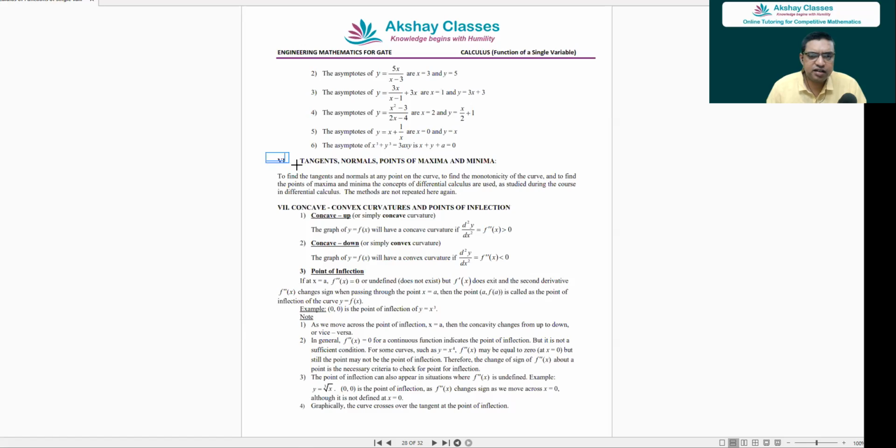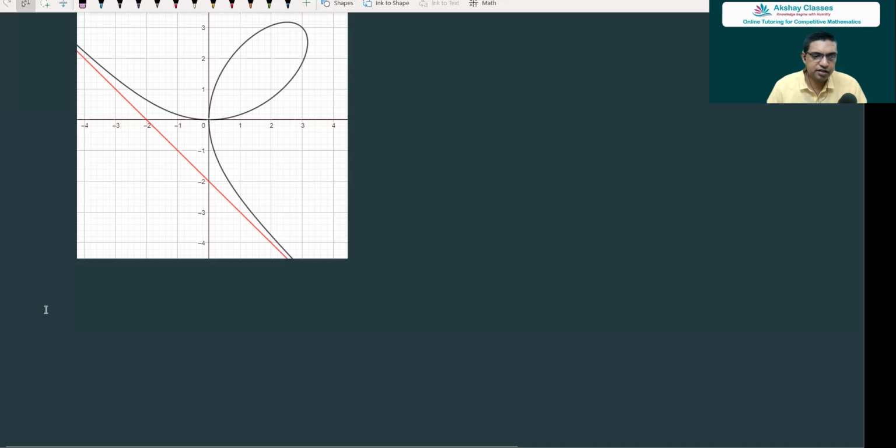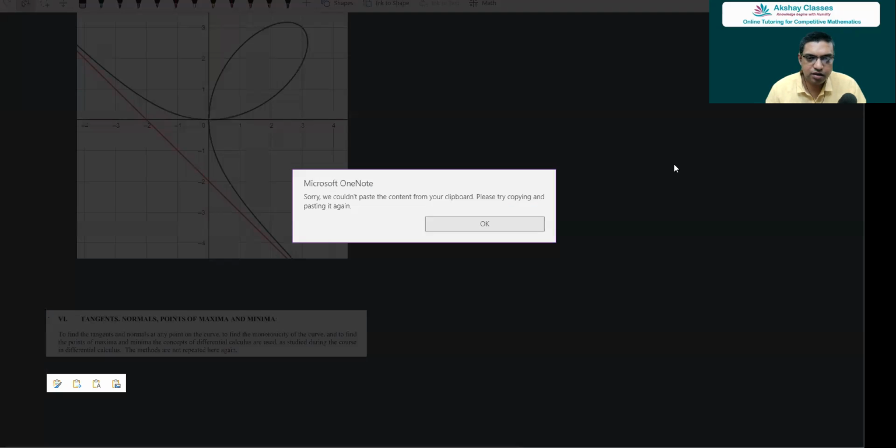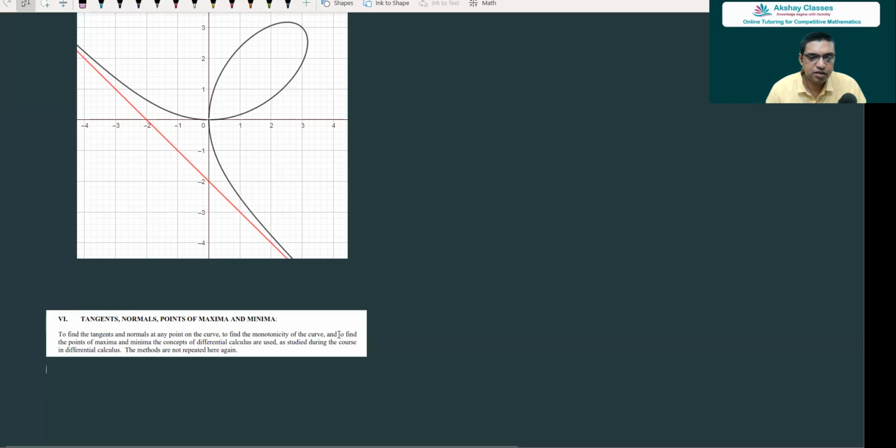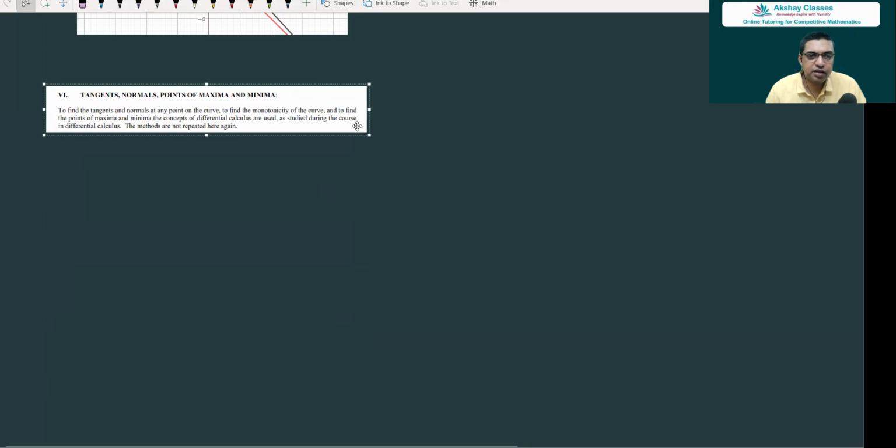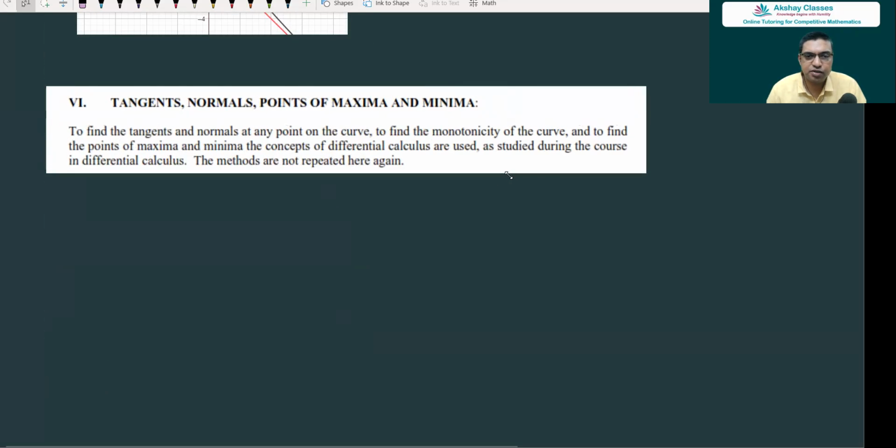Next, in tracing a curve, we should understand tangents, normals, and the stationary points, which are the points where the derivative is 0, and where the function is discontinuous.